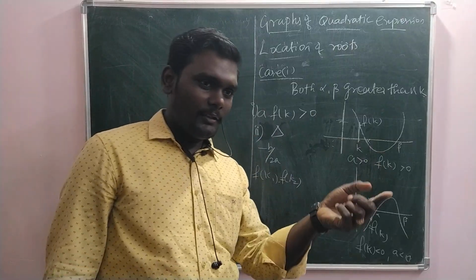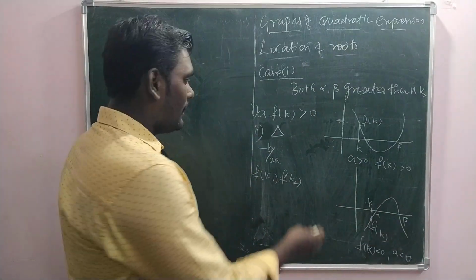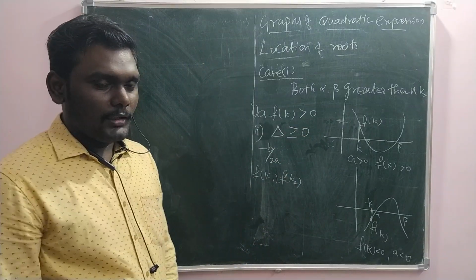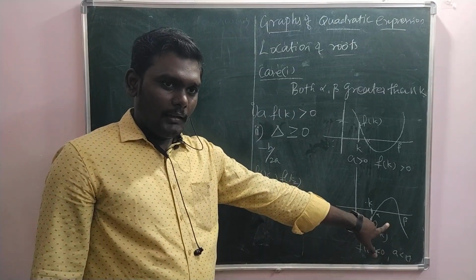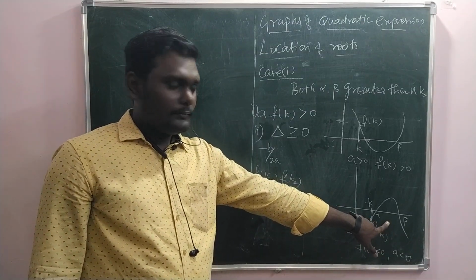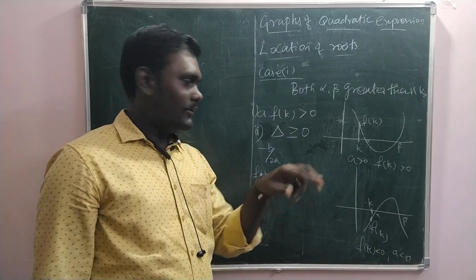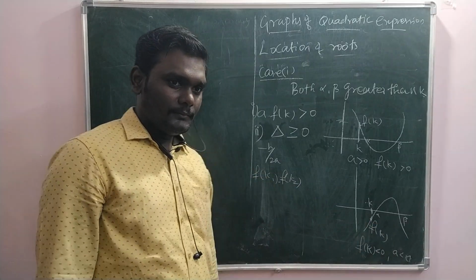It may be greater than 0 or it may be equal to 0. We are not sure. So delta will be greater than or equal to 0. Here also the same scenario. It may be equal. It is either greater than 0 or equal to 0. So delta is greater than or equal to 0.